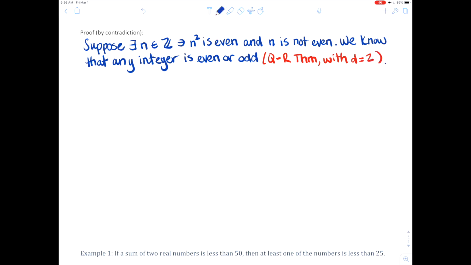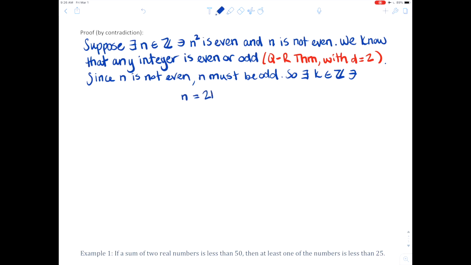All right, well, what does that give us? Since n is not even, n must be odd, right? So there's going to exist a k that belongs to what? Should be getting used to this by now, the integers, such that n equals 2k plus 1, right?